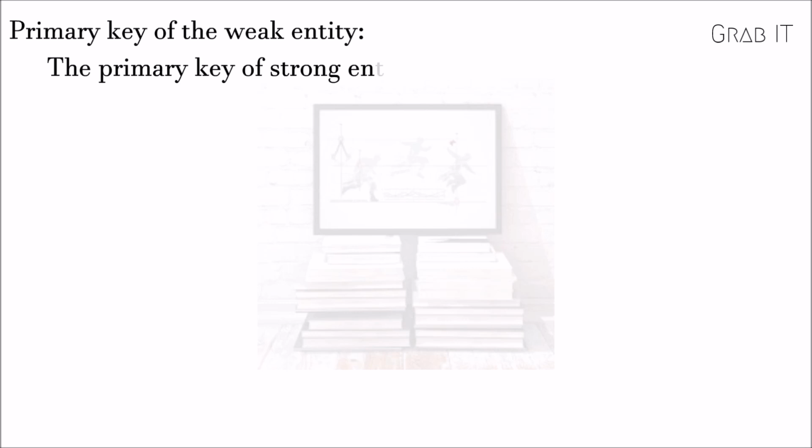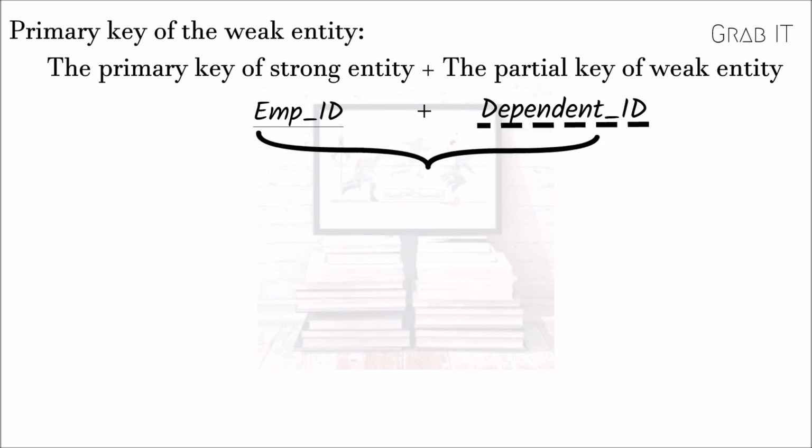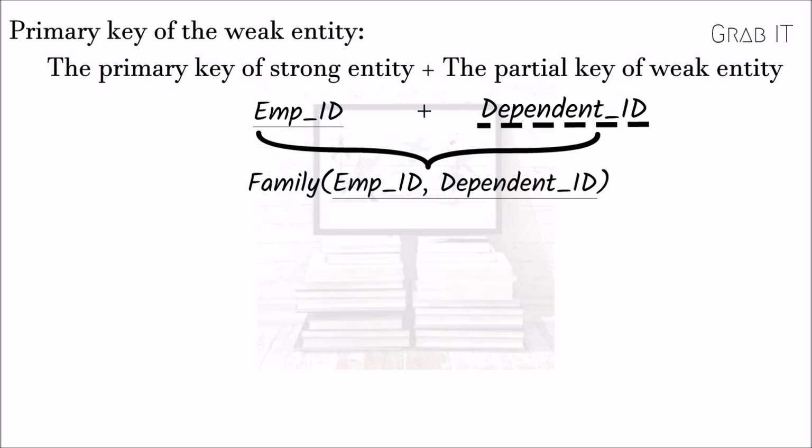The primary key of the strong entity plus the partial key of the weak entity equals the primary key of the weak entity. As in our example, employee ID plus dependent ID is the primary key of the weak entity.